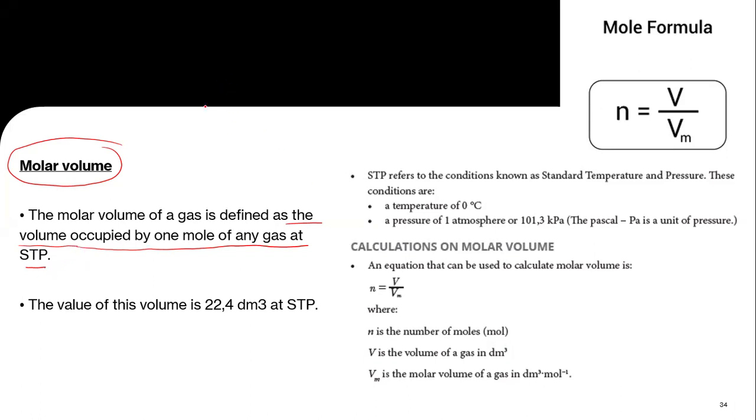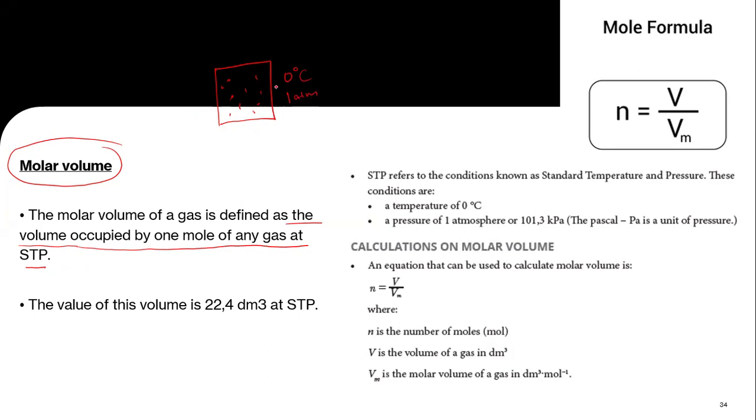So in that case, that means, let's say maybe we have a vessel. This is a closed vessel, for example, and then we have the gaseous molecules inside of this vessel. Let's say the temperature of these gaseous molecules is 0 degrees Celsius, and the pressure is 1 atmosphere.